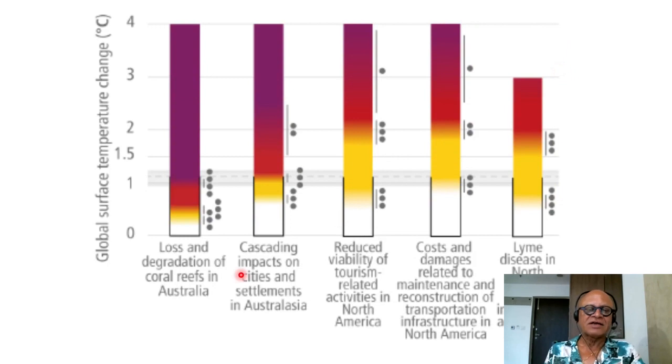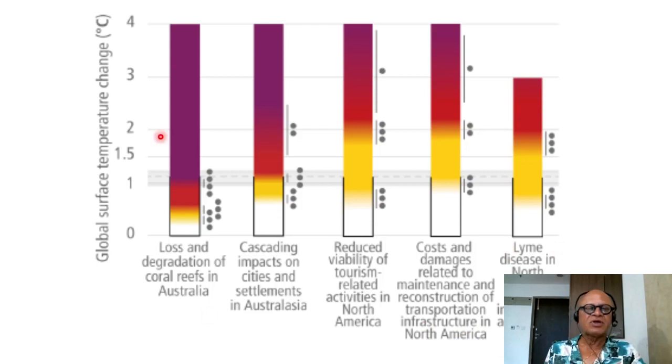In Australia, again, we look at loss and degradation of coral reefs, cascading impacts on cities and settlements, and reduced viability of tourism related activities. In North America, costs and damages related to maintenance and reconstruction of transportation infrastructure, and Lyme disease under incomplete adaptation scenarios.